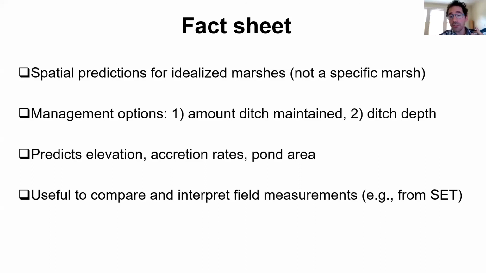One is to interpret field measurements, and now we have, in the last decades, a lot of measurements, including from surface elevation tables, and even responding to one of the comments in the chat. So the model, for example, predicts that in the marsh interior, because of the pond recovery, you can get accretion rates higher than the rate of sea level rise, which normally would be hard to explain. Why would the marsh interior accrete faster than sea level rise? The marsh should kind of go higher than the mean high water.